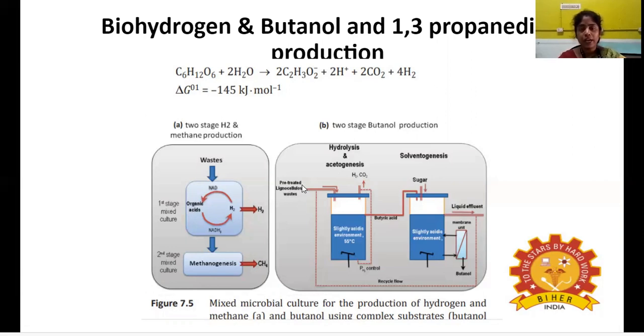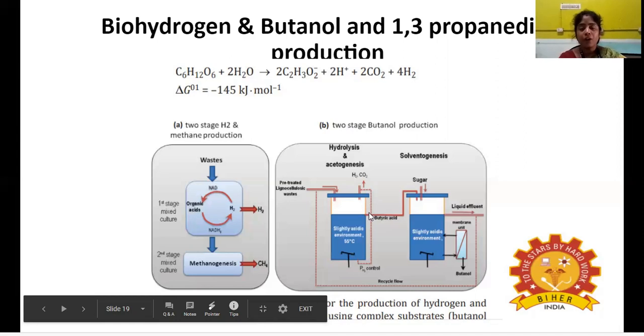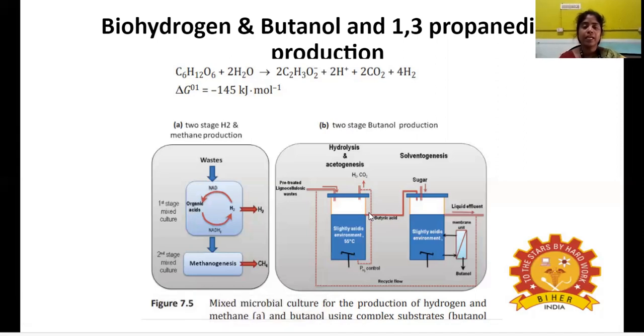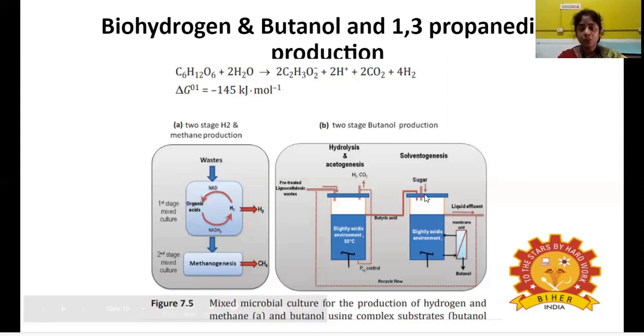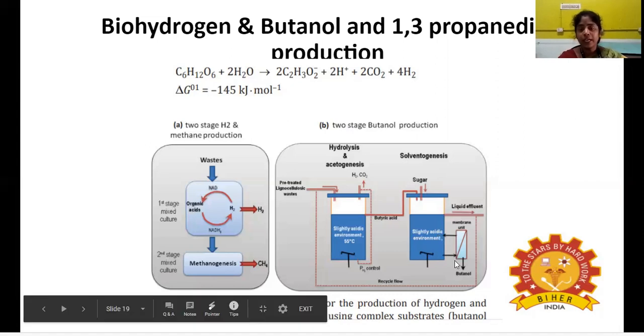In this case, we take the lignocellulosic base as a source for the production of butanol. We first treat the lignocellulosic base, then it is treated with the mixed culture by adding whatever substrate the microorganisms need, so that it can be converted into butanol. That butanol we can derive, and the remaining material is recycled back as effluent for further treatment in the process.